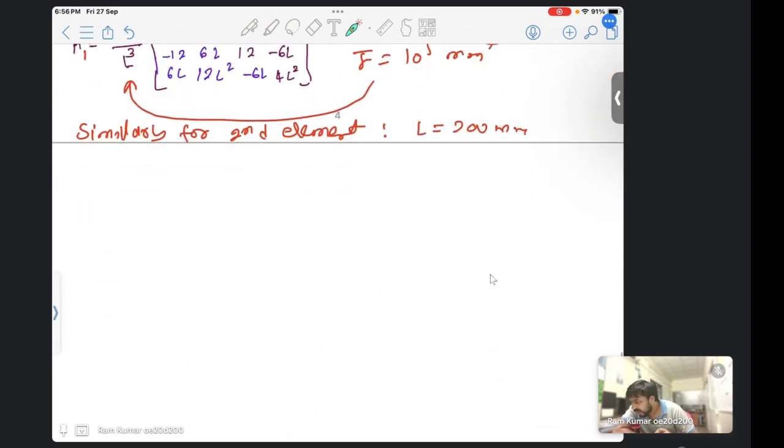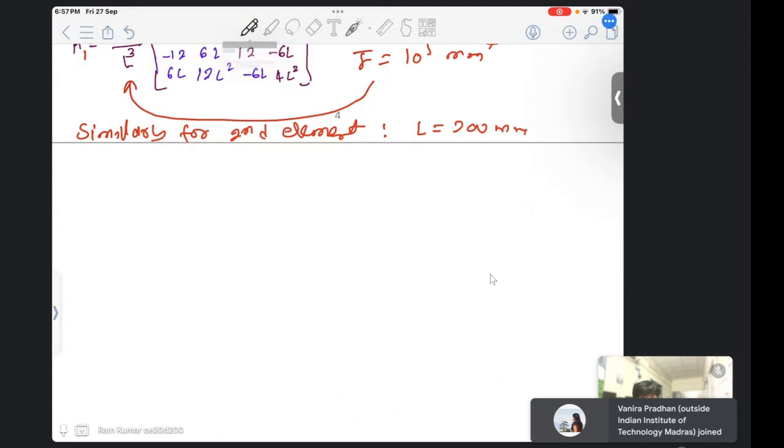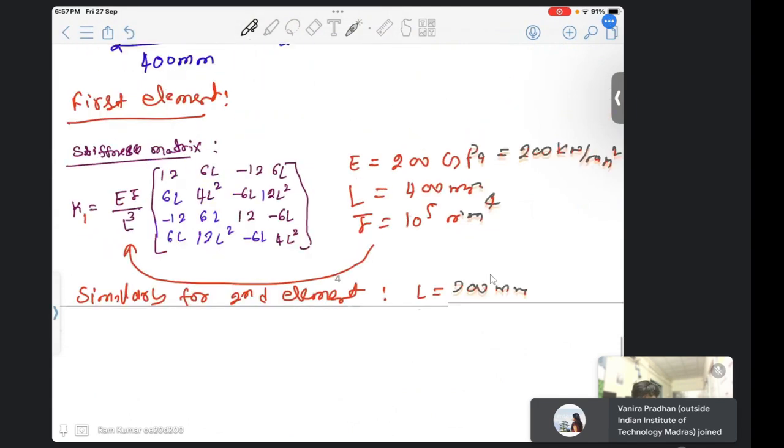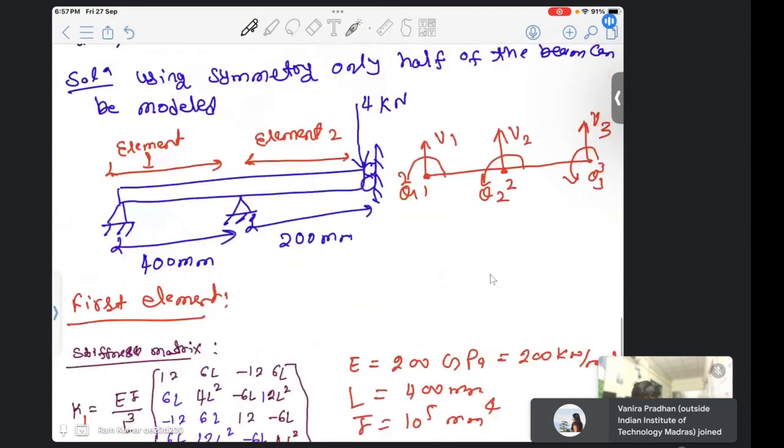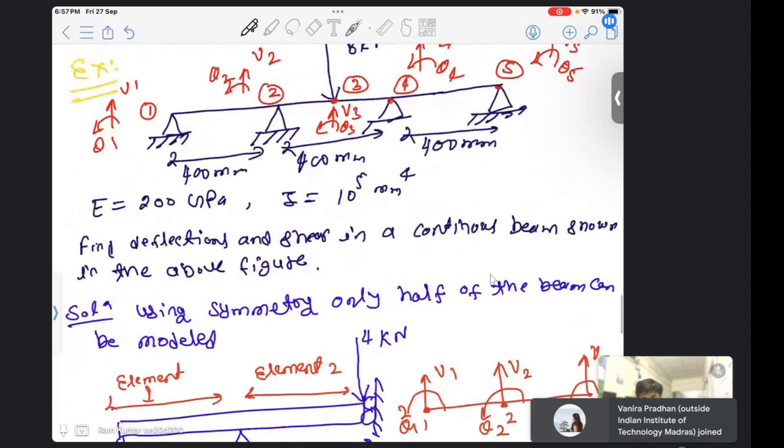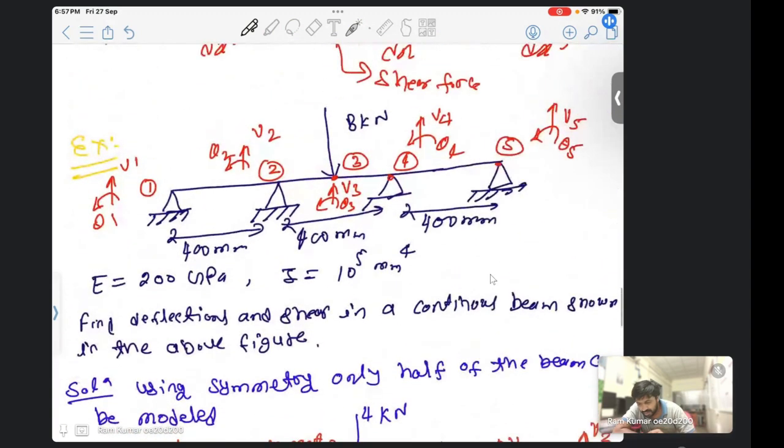Okay. So now we know that for the first element we are going to write the force equation. So this problem we are going to solve. I am starting this problem.